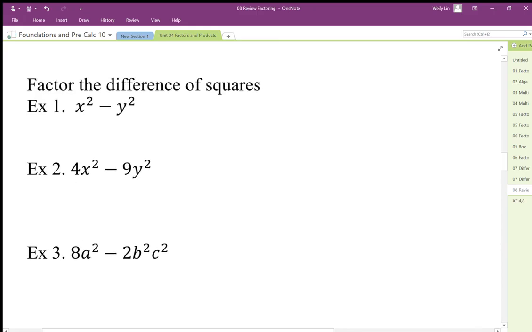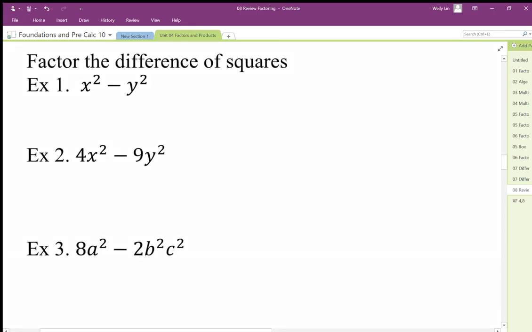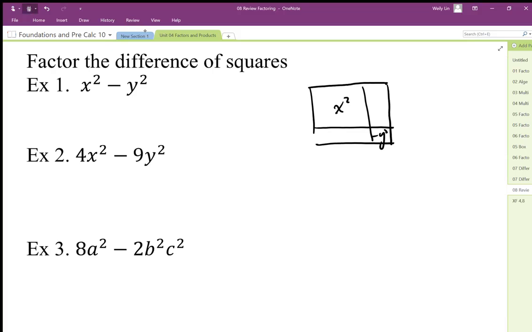So here's factoring a difference of squares. We know that difference of squares factors into a conjugate pair. And we need a conjugate pair because when we factor this as x squared minus y squared, we know that these two areas in here and here, they must cancel out. They must undo each other.